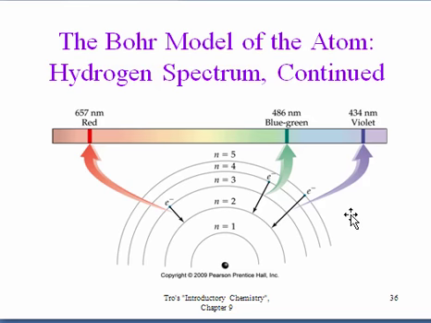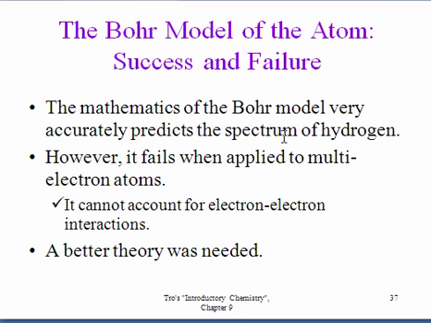Every hydrogen atom has its energy levels in the same place, so when an electron goes from the fifth to the second energy level in any hydrogen atom, this is the photon that will be emitted, a photon whose wavelength is 434 nanometers. Or if an electron went from the second to the fifth energy level, this would be the photon that would be absorbed.